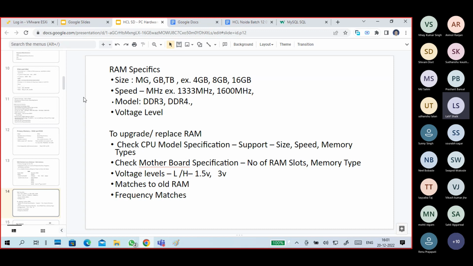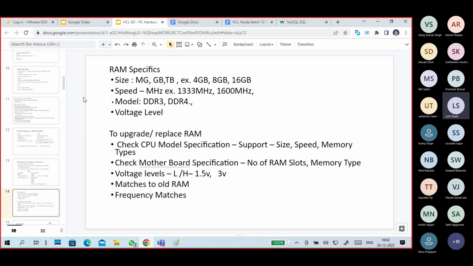One is the CPU, another one is the motherboard. So what is your motherboard? Motherboard supporting slots, the number of slots on the motherboard, what type of memory it will support. If you have a machine like a desktop or laptop supporting the DDR3 model, and now you want to insert a DDR4, you cannot.